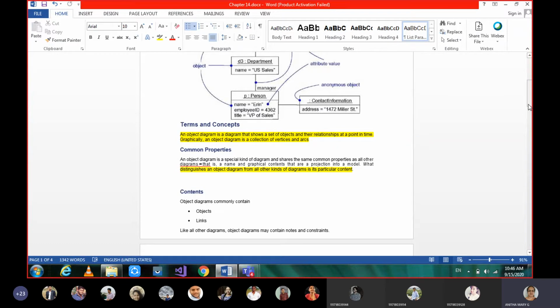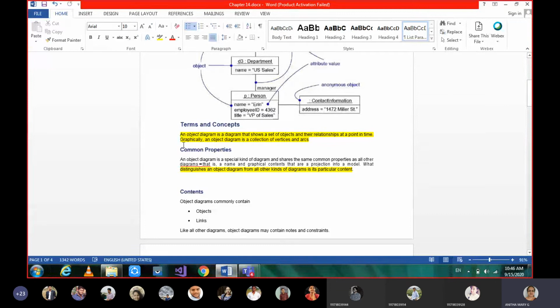Okay. And then coming to the first part of the chapter, that is terms and concepts, terminology, and the concepts which are related to object diagrams. We have learnt the definition, what a diagram is and what an object diagram is. So we'll move into the details of the terminology and their concepts.